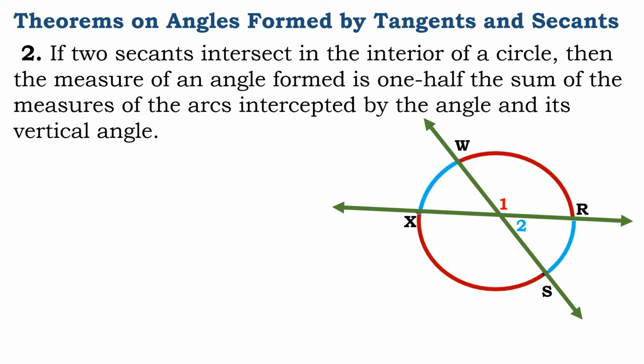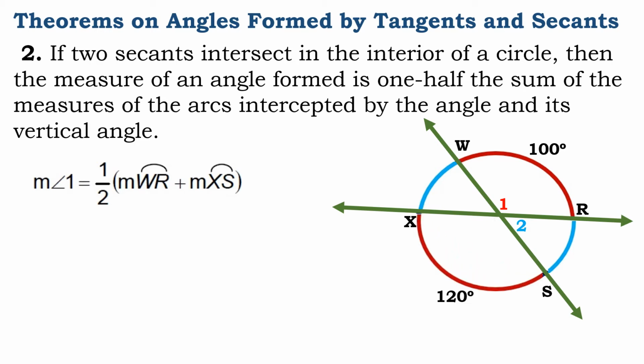Let us first find the measure of angle 1. The measure of angle 1 is equal to 1/2 the sum of its two intercepted arcs, the measure of arc WR plus the measure of arc XS. For example, if the measure of arc WR is equal to 100 degrees and the measure of arc XS is equal to 120 degrees, therefore, the measure of angle 1 is equal to 1/2.